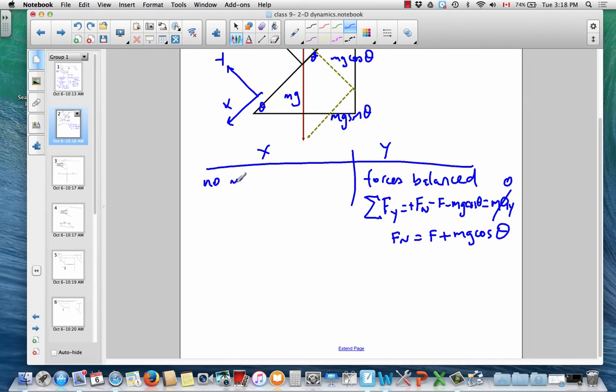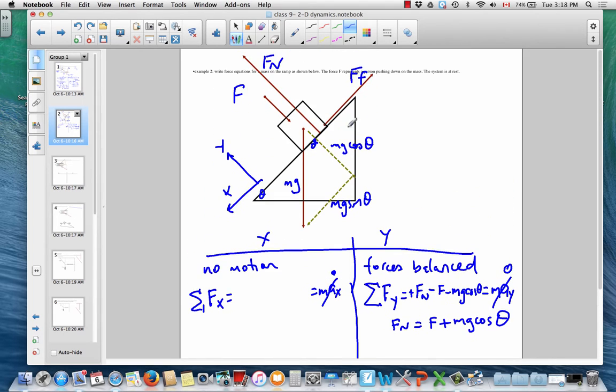Now, in the x direction, there is again no motion, so again the forces have to balance, and we'll use that similar sum notation. So the sum of the forces in the x direction is always equal to the mass times the x acceleration. The x acceleration in this case is again 0 because there's no motion. What forces act in the x direction? There's just two.